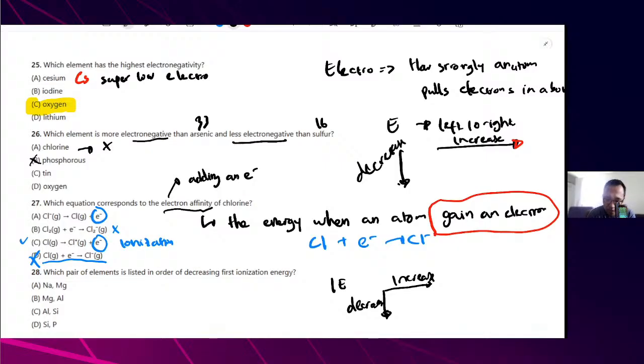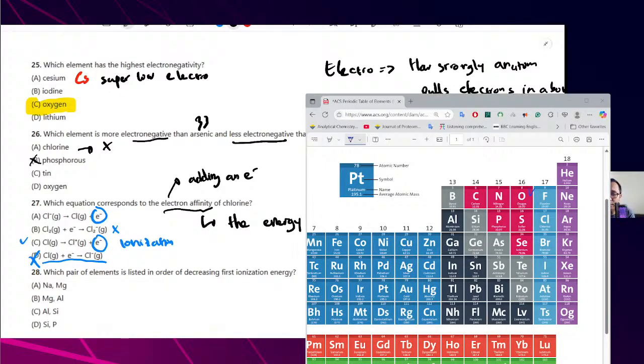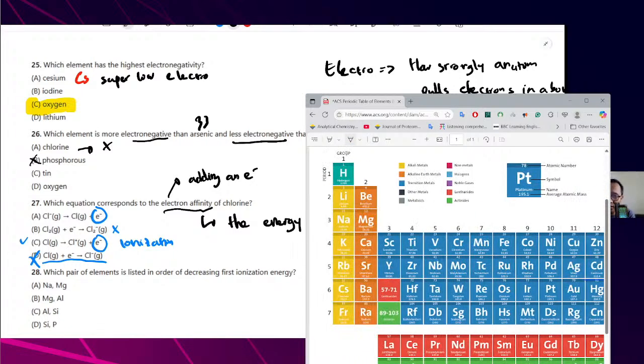Which pair of elements is listed in order of decreasing? So again, sodium and magnesium. Let's take a look at the periodic table. Sodium and magnesium.